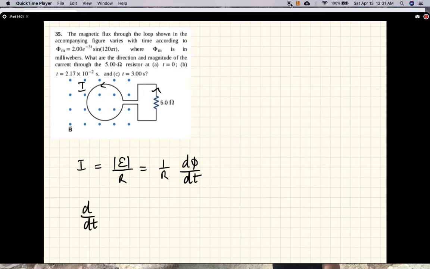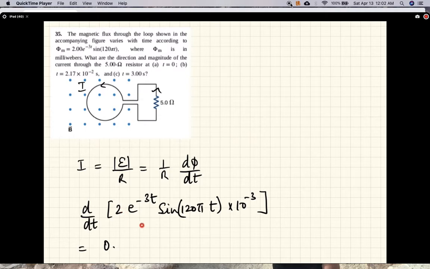The magnetic flux is 2 e to the power of minus 3t sine 120 pi t, times 10 to the minus 3 because the flux was in milliwebers, so the prefactor is 0.002.